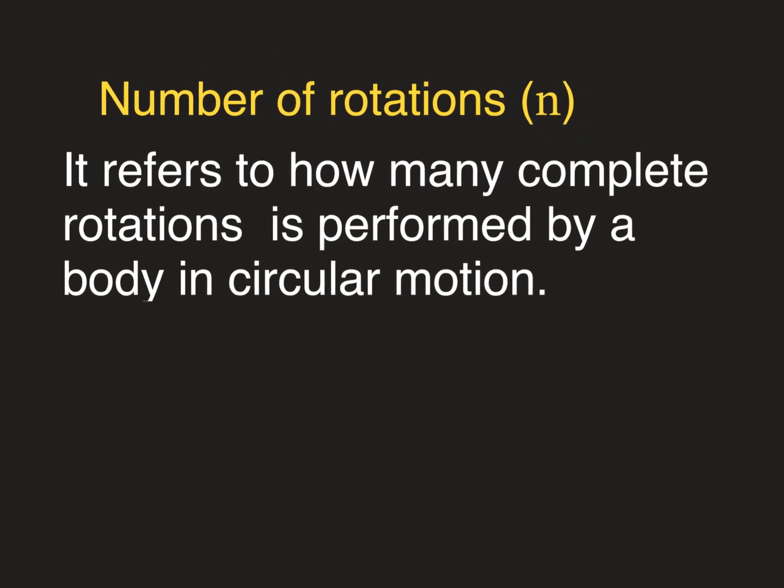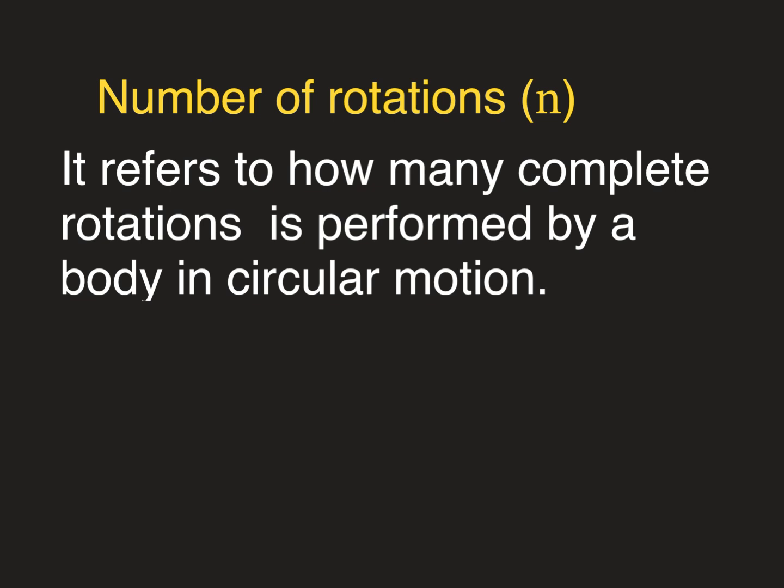The number of rotation. So this is just like a repetition of what we have said. You should know that frequency is equal to the number of rotation divided by the time. Okay, this is how you find the frequency. It is always the number of rotation divided by the total time.